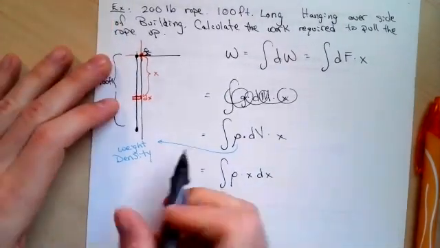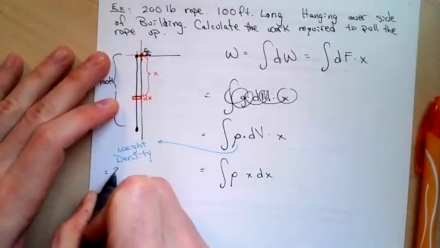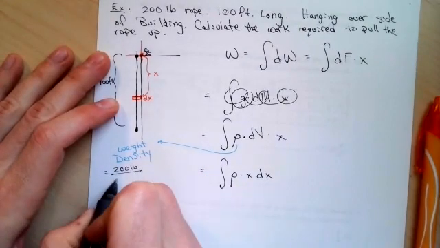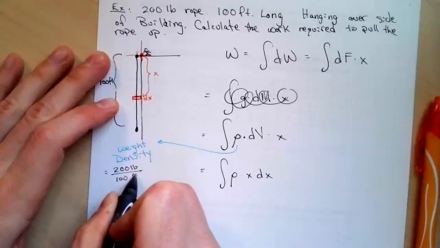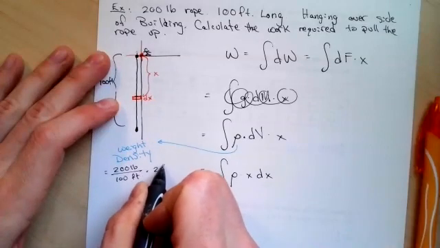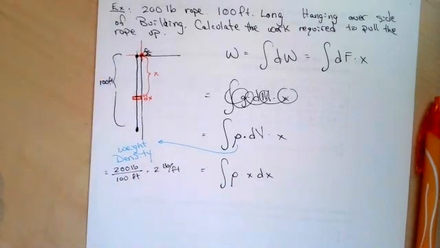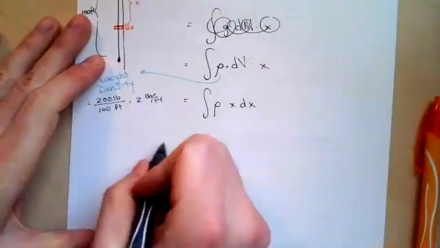What is the weight density? We have a 200-pound rope that is 100 feet long. So the density is 2 pounds per foot.